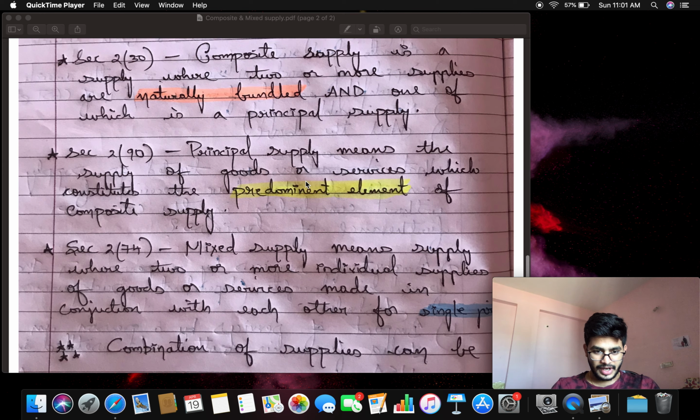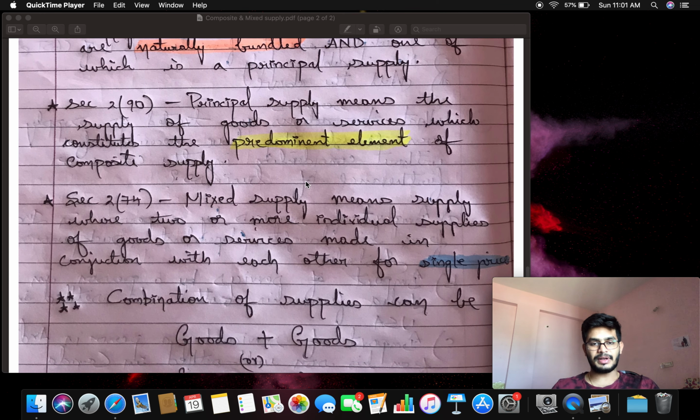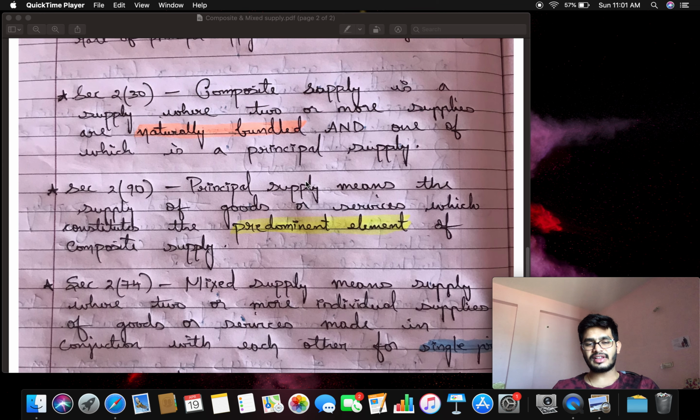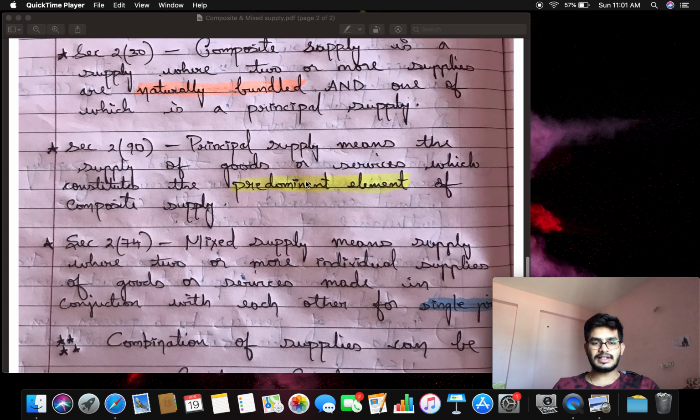Now we have to identify what is mixed supply. Is there any specific thing to identify that it is a mixed supply? No. First of all, you have to see whether it is a composite supply or not. If it is not a composite supply, then it is a mixed supply. For example, you went to a sweet house and you are purchasing a gift pack for your friend's birthday.